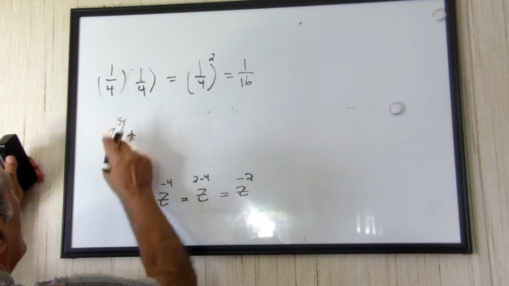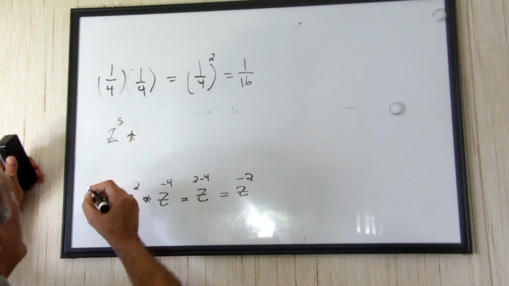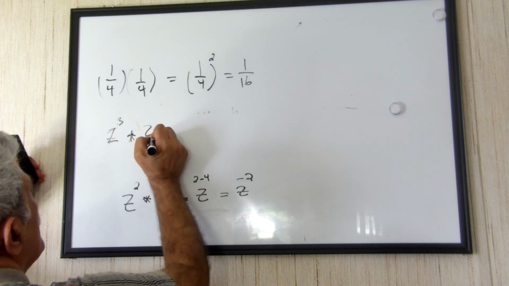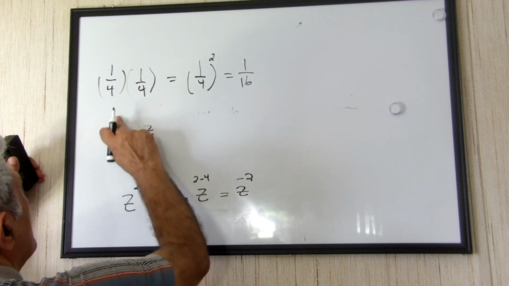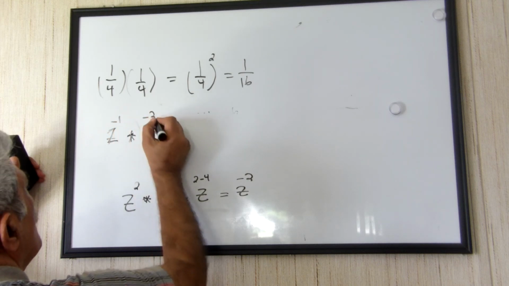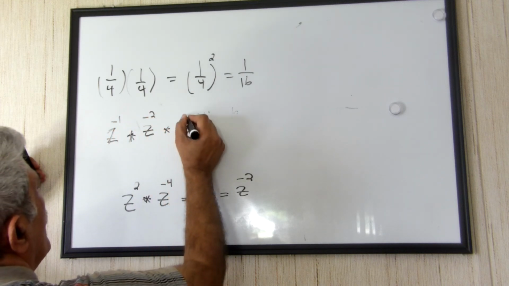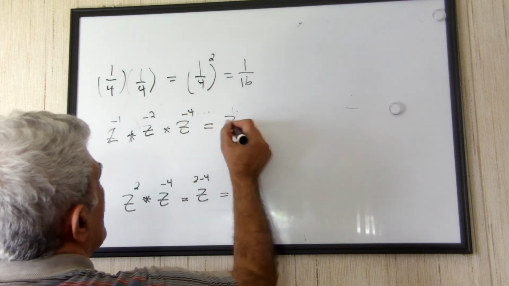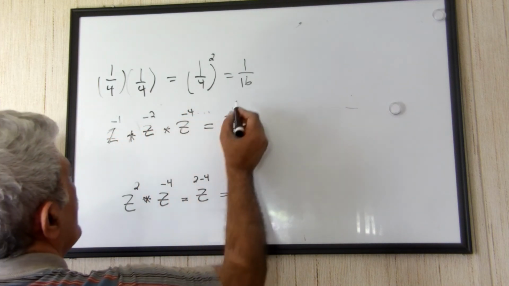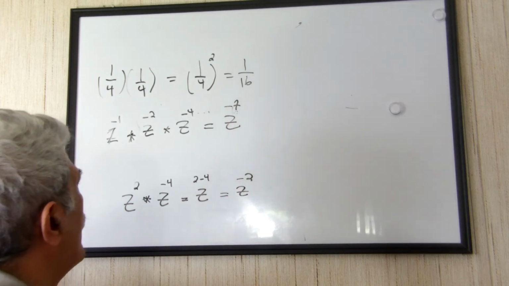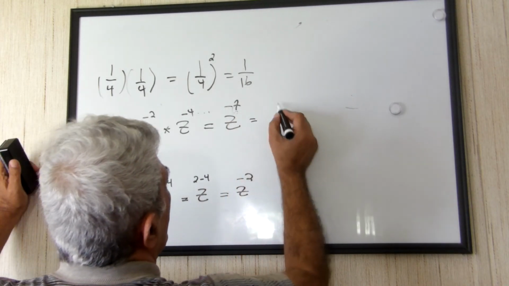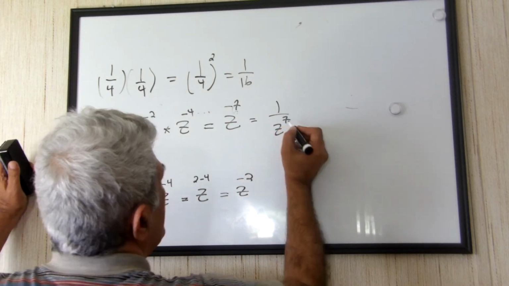So z to the power of 3 times z to the power of minus 1 times z to the power of minus 2 times z to the power of minus 4. What's going to be the result? Minus 4 minus 2 minus 1 plus 3 is going to be minus 4, which you can write as 1 over z to the power of 4.